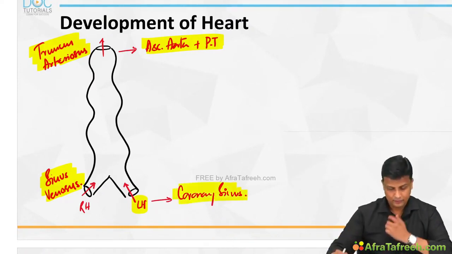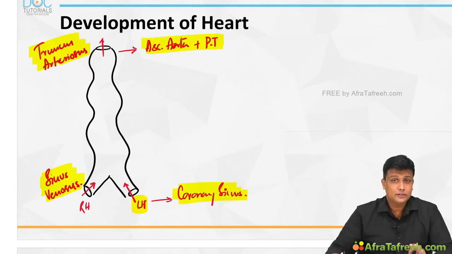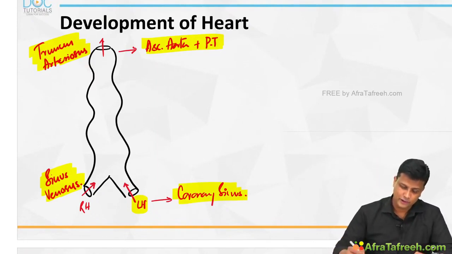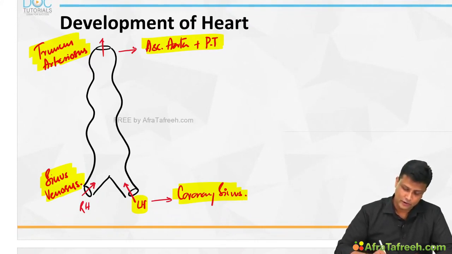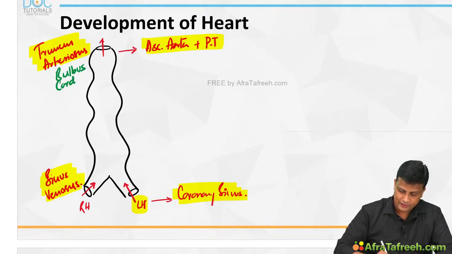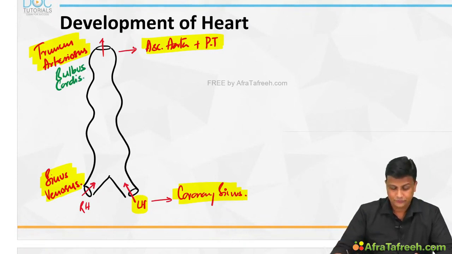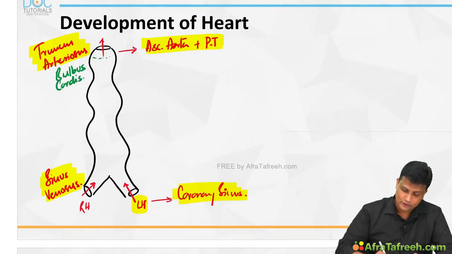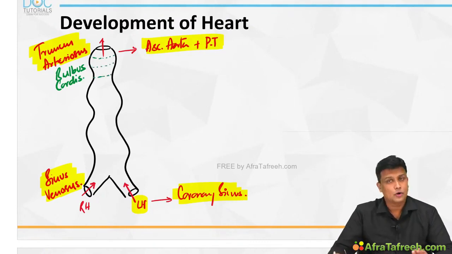Now coming to the doubt that has been asked by Avinash. Yes, Avinash, let us do one thing here. What is this dilatation here known as? The dilatation here is the bulbus cordis. And bulbus cordis will be divided into how many parts?